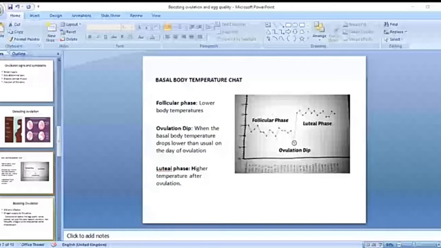When you go to bed and then you wake up, the first thing you do is to track your temperature.